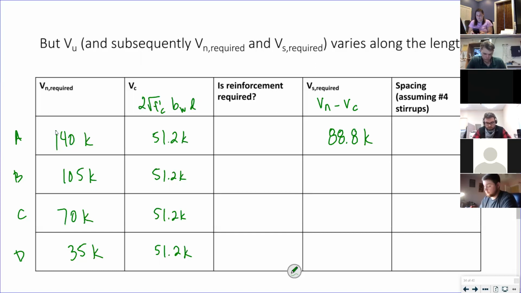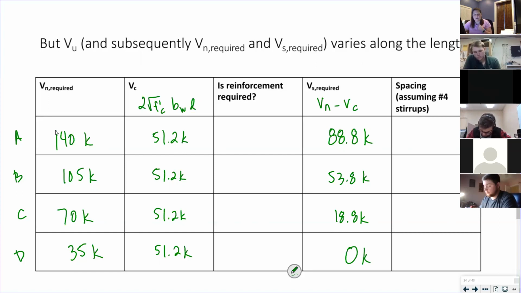If I get 105, now 35 minus 51.2, I get a negative. So I don't need any from my shear.